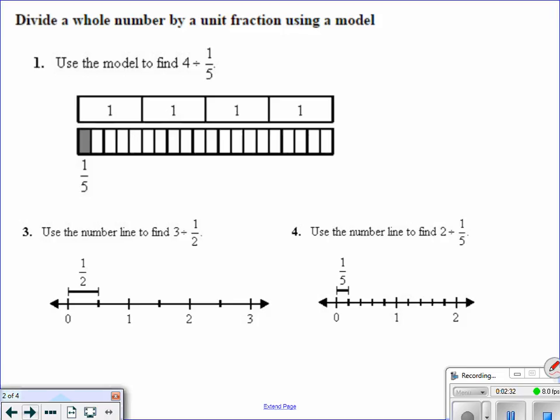So on the second one here, they split that 1 whole into 5 parts: 1/5, 2/5, 3/5, 4/5, 5/5. If each one of these has 5 parts, then I've got 5 here. The other ones would be 10, 15, and then the fourth one would be 20 parts.